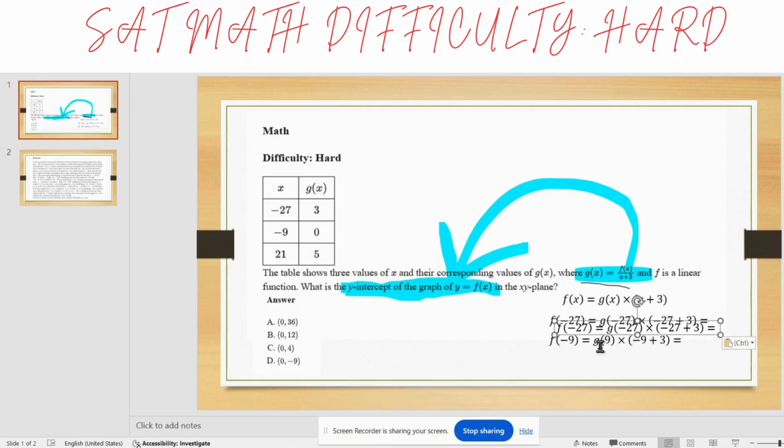Easy peasy, lemon squeezy. So from there we're going to find f of 21. Oops, I just made a mistake here. f of 21, g of negative 27.